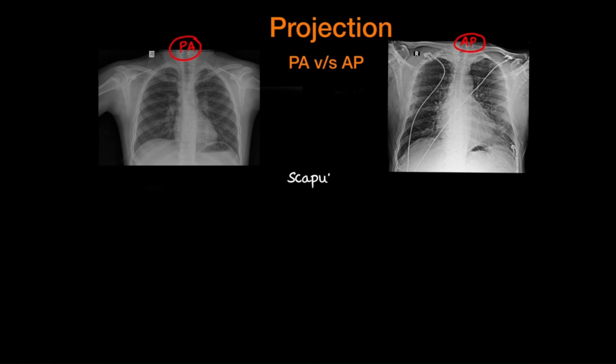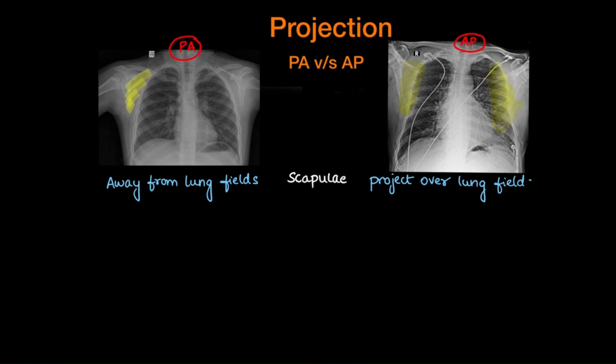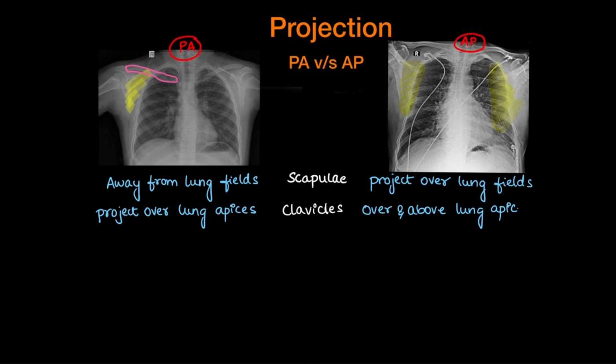Coming to the actual difference in the films. To identify PA versus AP, first see the scapulae. Scapulae are away from the lung fields in PA view and scapulae project over the lung fields in AP view. Next, the clavicles project over the lung apices in PA and they are over and above the lung apices in AP view.